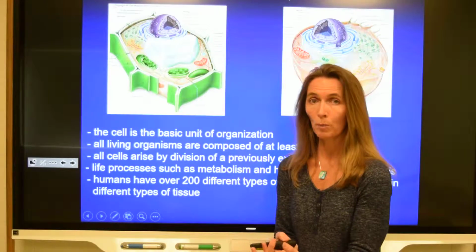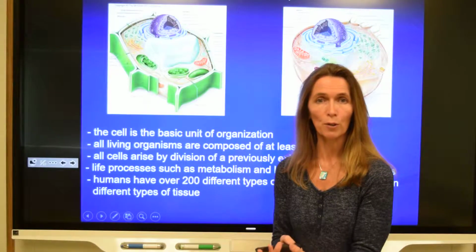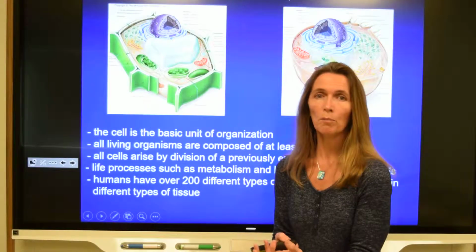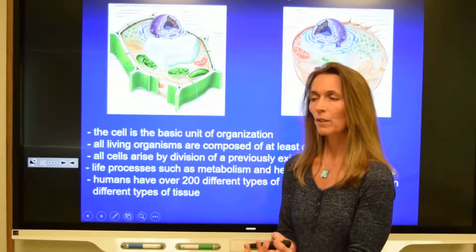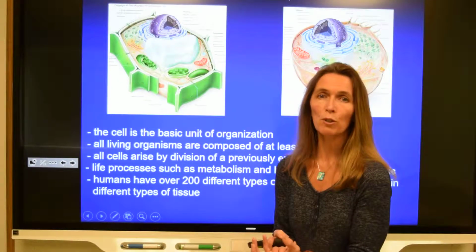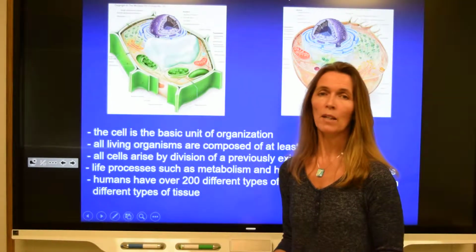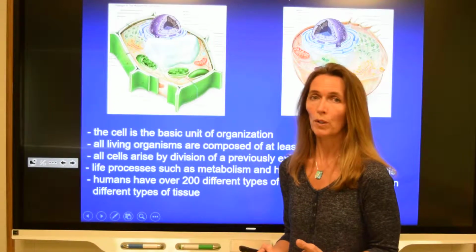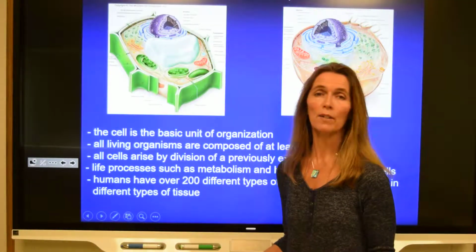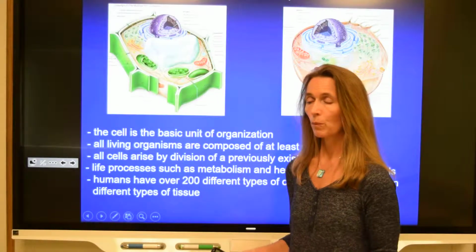If it is an aerobic organism that requires oxygen for its metabolic processes, then the oxygen can easily diffuse into this one cell. If you're a multicellular organism, diffusion won't work in order to supply all of the cells in this organism with oxygen.